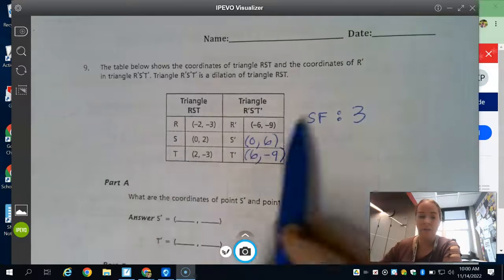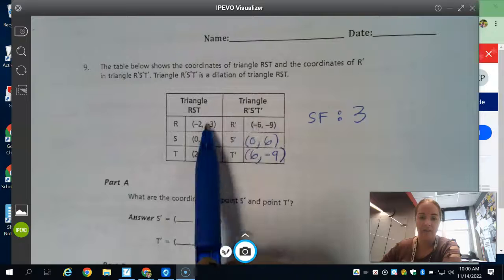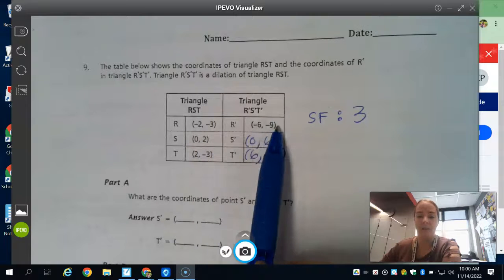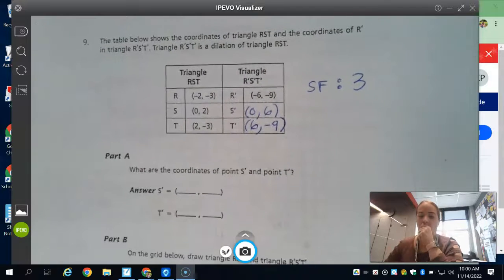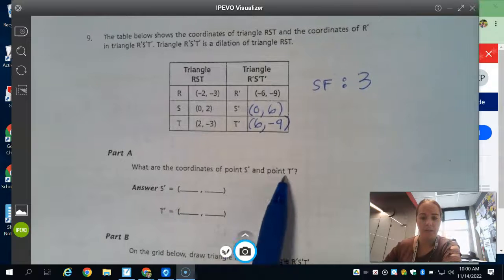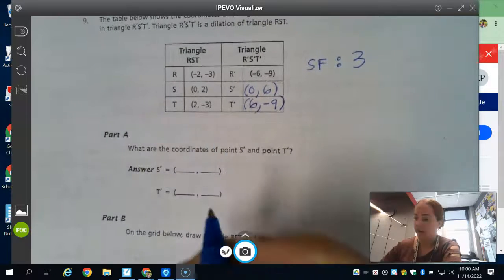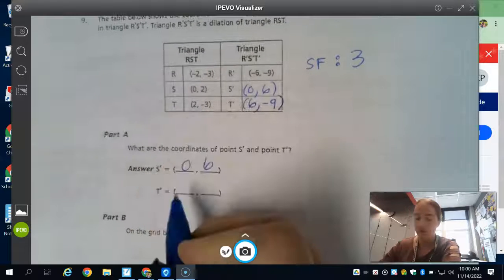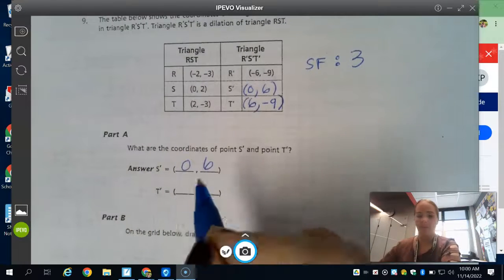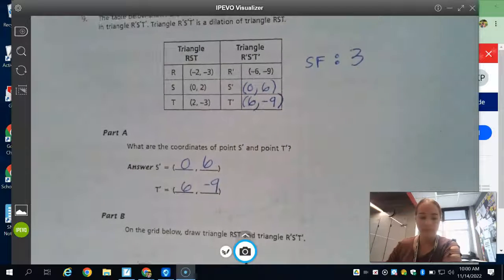So each one you multiply by 3, and I figured that out because -2 times 3 was -6. -3 times 3 was -9. What are the coordinates of point S, the new one, and point T, the new one? Your new coordinates for S are right here, 0, 6. And T was 6, -9.